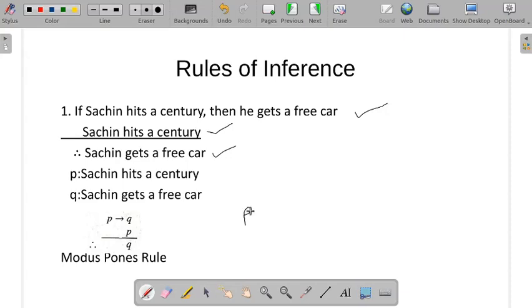If Sachin hits a century, then he gets a free car, that is P conditional Q. And the next argument, Sachin hits a century. That is P. So next one, therefore Sachin gets a free car, that is Q.